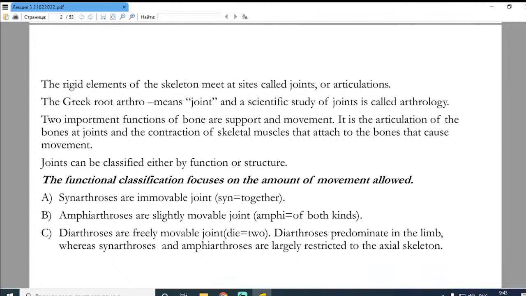And the next, diarthroses are freely movable joints. Diarthroses predominate in the limbs, whereas synarthroses and amphiarthroses are largely restricted to the axial skeleton.